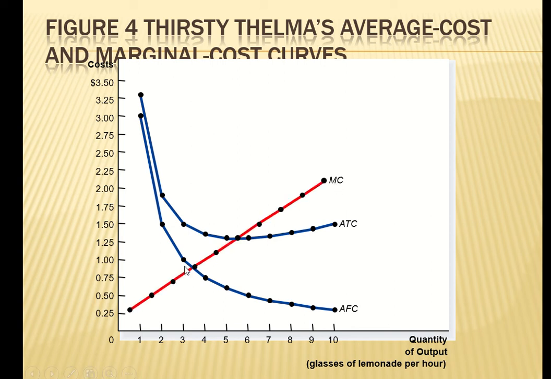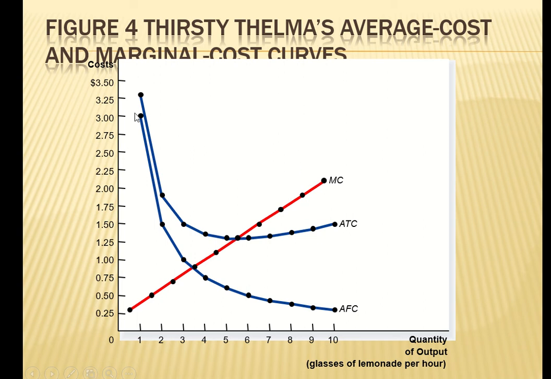Because of increasing marginal cost, we typically have an upward sloping marginal cost. As we increase the amount of output, the marginal cost increases eventually, if not in the beginning, but eventually. So we have an upward sloping marginal cost.